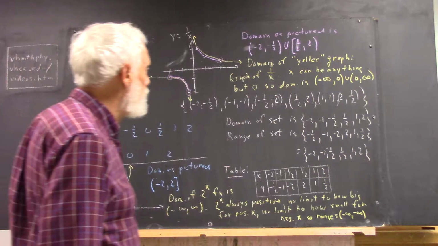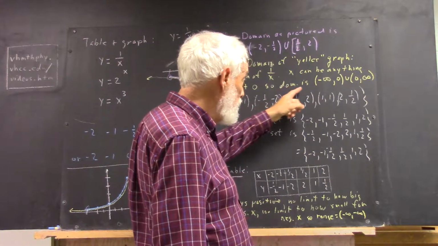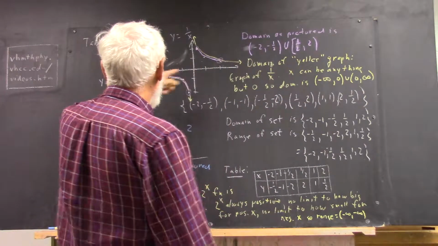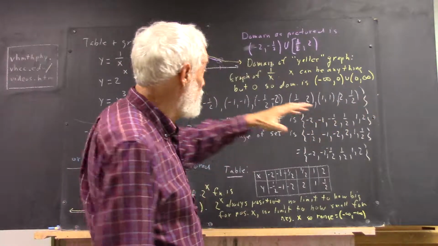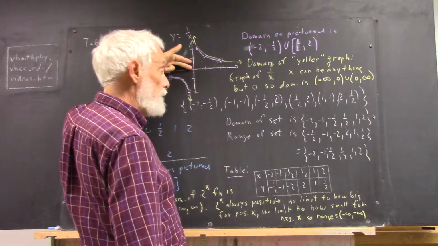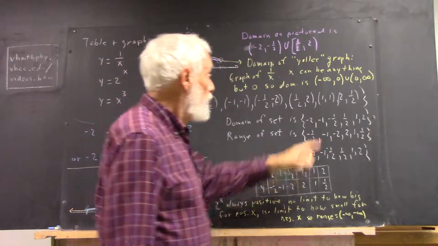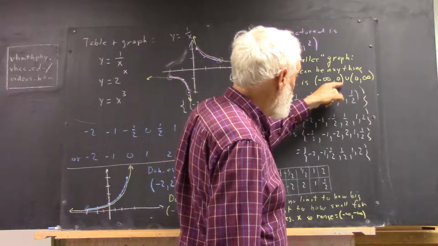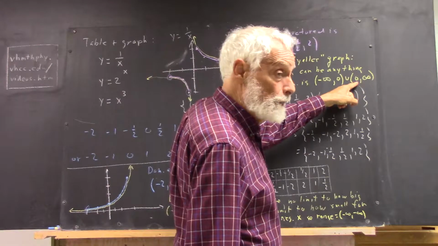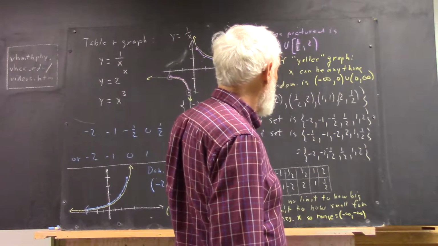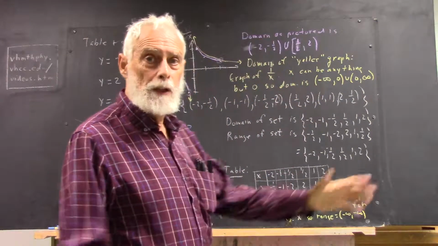So for the yellow graph, x can be anything but 0, so the domain is what? Anything to the left of 0, anything to the right of 0 on the x-axis. That's the interval from -infinity to 0, and then from 0 to infinity, but not including 0. And we write that this way. The parenthesis here because we don't include 0, the parenthesis here because we don't include 0, and the parentheses on -infinity and infinity because we never get there.